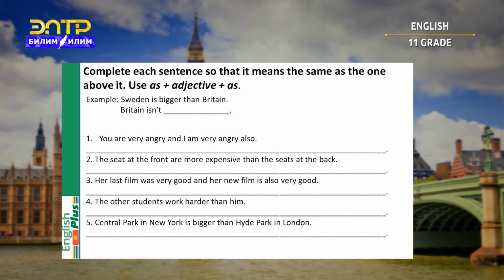I want to write a second sentence that means the same as the first one. What shall I do? I will say, Britain isn't as big as Sweden, because Sweden is bigger than Britain. Now you have 1 minute to do the same with those 5 sentences that you can see on your screen. Start now, please.